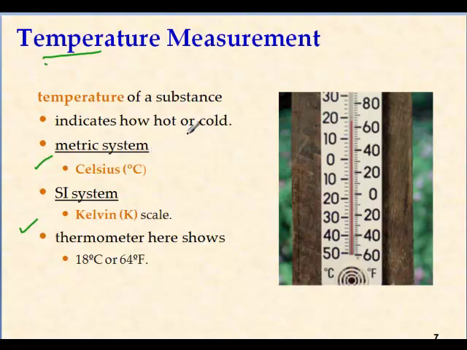And I'll give you the formula to convert from Celsius to Kelvin, or Kelvin to Celsius, or Fahrenheit, and you don't have to memorize those formulas. I will be providing you. Temperature of a substance is an indication of how much heat is present in that object, so whether it's cold or hot.